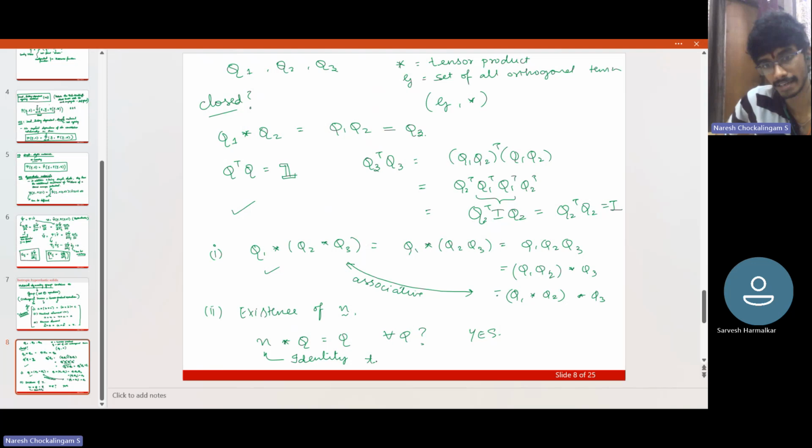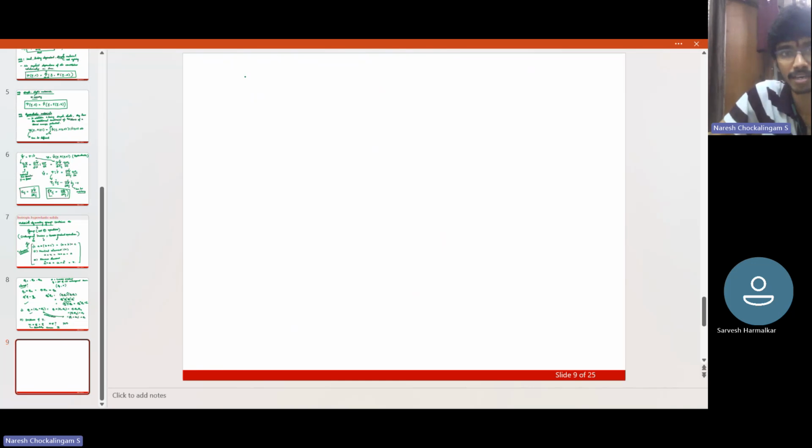Let's just call the identity tensor I. We have a neutral element because IQ is equal to QI is equal to Q. Therefore, the neutral element for this group is I. So the second condition is also satisfied.